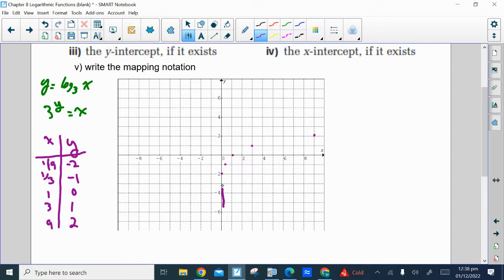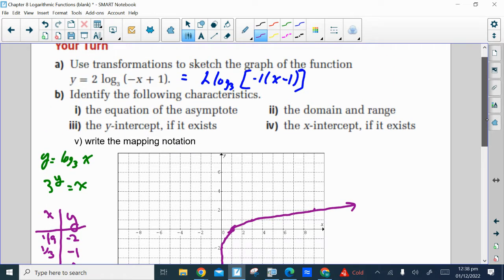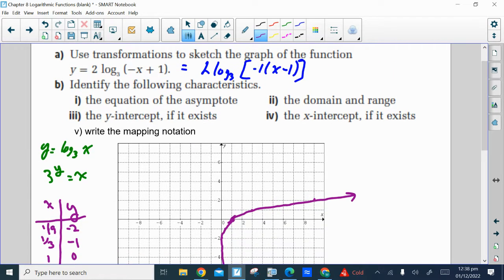Like all our other graphs of logarithmic functions, the y-axis is a vertical asymptote. And we're going to transform that by applying our 3 parameters.